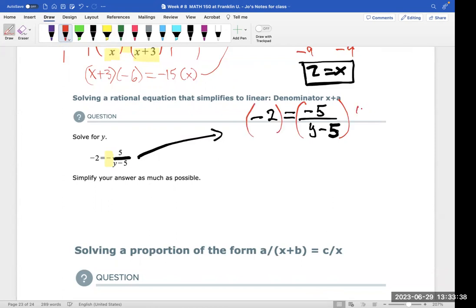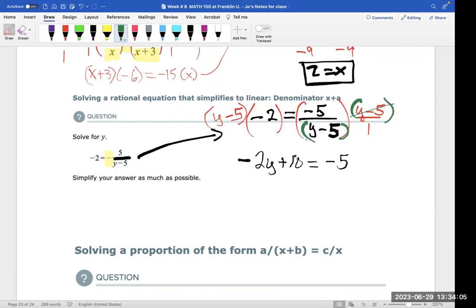I don't like having the fraction, so I'm going to multiply both sides by y minus 5. So I'll have negative 2y, negative 2 times negative 5 is a positive 10. And the right side just becomes a negative 5 because these factors can reduce.